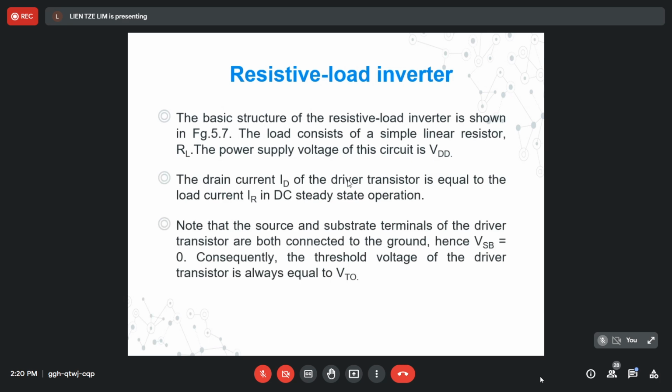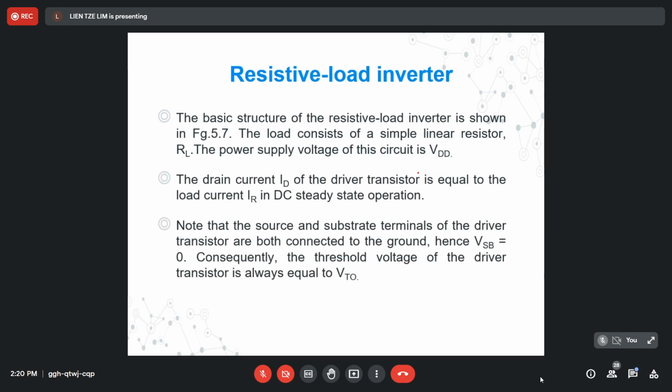In this slide, the basic structure of the resistive load inverter is shown in figure 5.7. The load consists of a simple linear resistor, RL. The power supply voltage of this circuit is VDD.